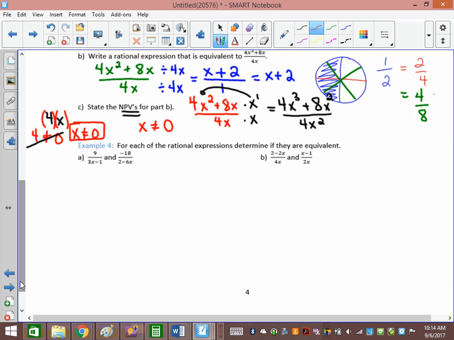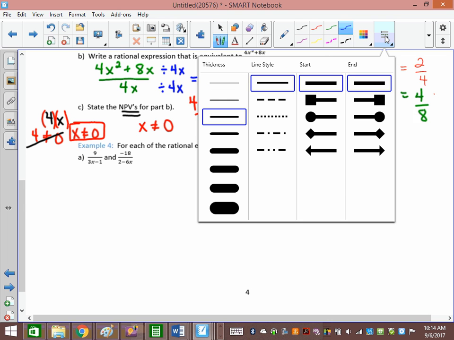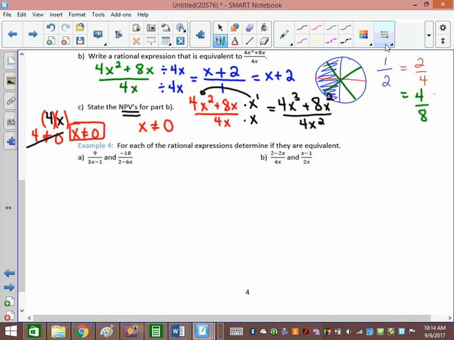Example 4 wants us to state, or to determine, so understand, check, determine, if they're equivalent. The easiest way to do that is take one of them and try and make the other one be it.